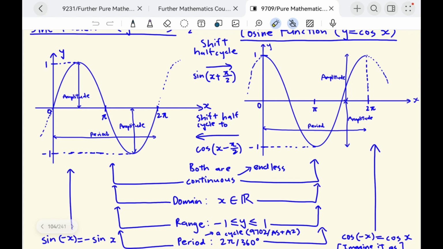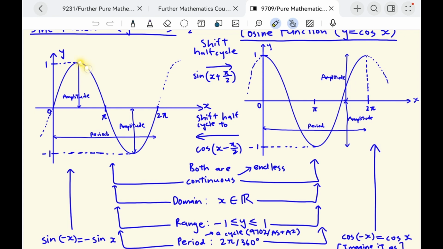You have a cycle which has a peak, and below also has a peak. So let's identify each of the properties of the sinusoidal graph. The coordinates from the center axis to its maximum, we can call amplitude.